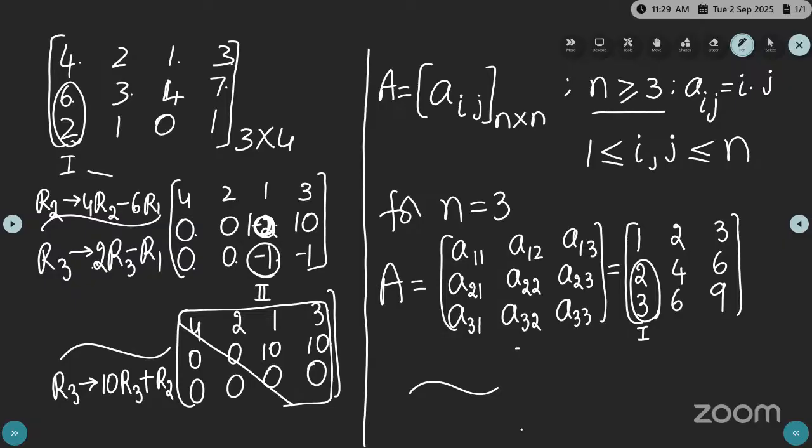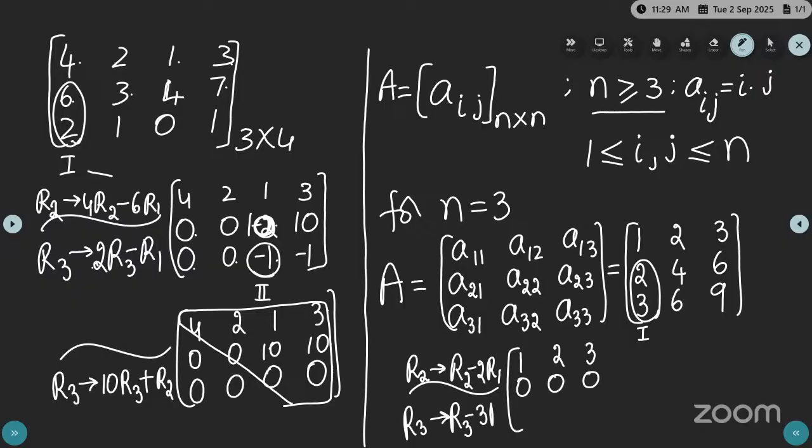Equivalent to R2 implies R2 minus 2R1. 1, 2, 3. Okay, what is it? 0, 0, 0. R3 implies, what is it? R3 minus 3R1. 0, 0, 0.